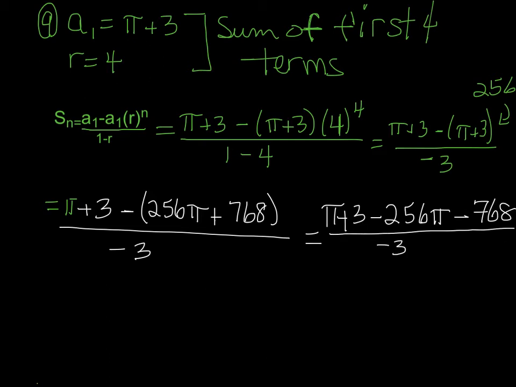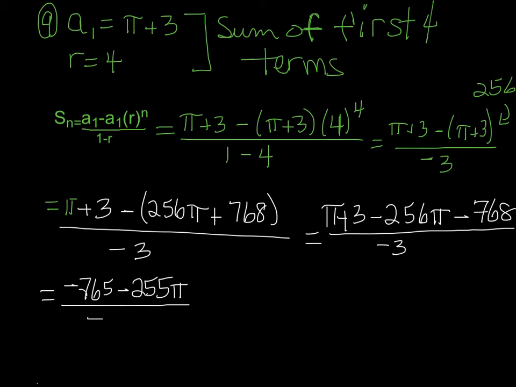All right, so let's just simplify our numerator there. When we simplify the numerator, it doesn't matter what you put first. I'm going to put negative 765, and then negative 255 pi. You can put the pi part first, or the whole number part first.